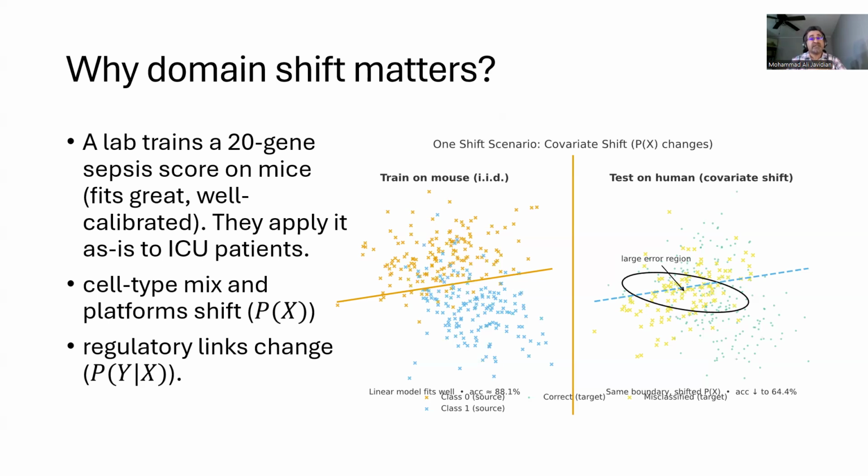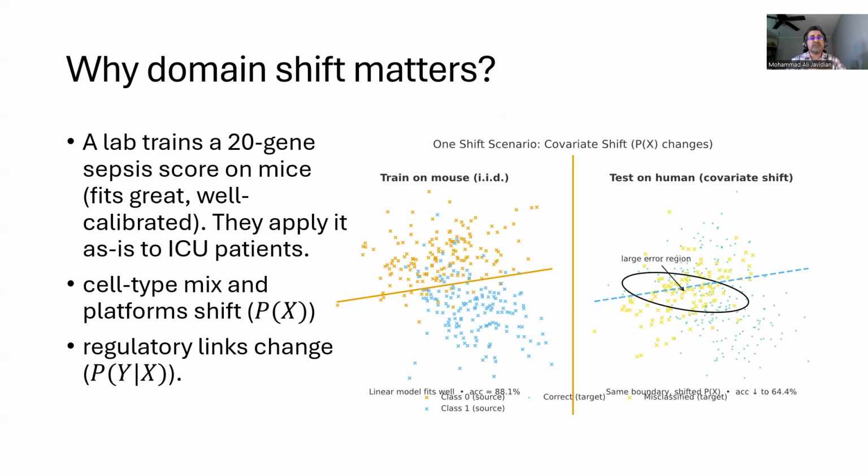The same boundary cuts through the wrong region. The takeaway is, if we ignore domain shift, even a well-trained model can fail when moved to a new domain, and accuracy drops to about 64%. That means a large misclassified slice appears.